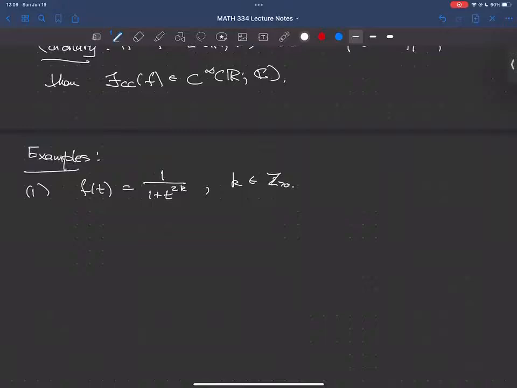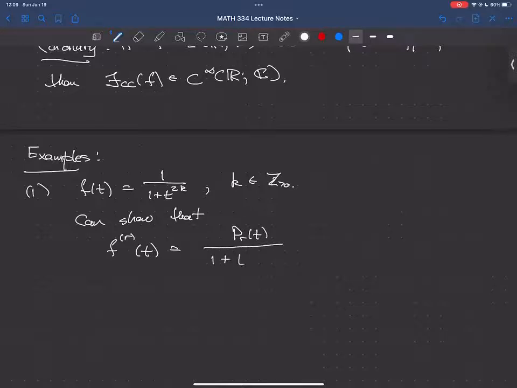Good. So let's do some computations here. You can show that the rth derivative of f has the form p_r(t) over (1 plus t^(2k))^(r+1).